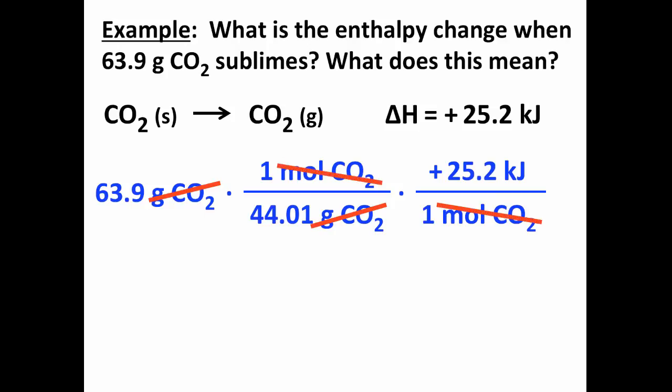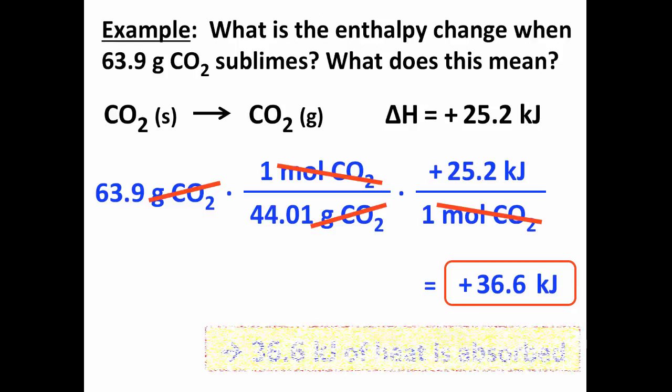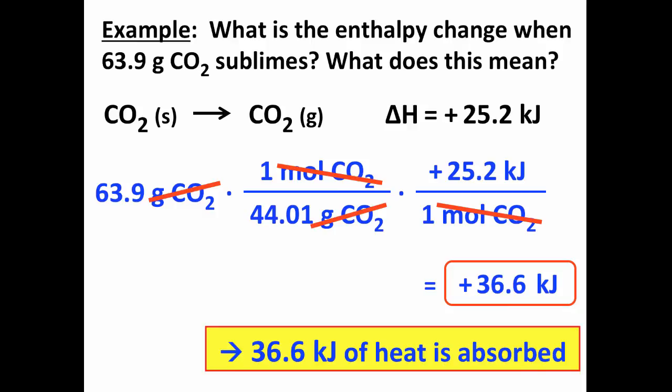Once again, we're canceling units that we want to convert from, moving towards units we want to end up with. And this gives us plus 36.6 kilojoules. Positive value means energy is taken in. So for this case, what this means is that to sublime 63.9 grams of CO2, 36.6 kilojoules of heat would need to be absorbed.